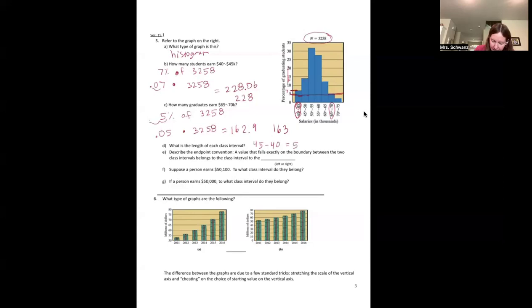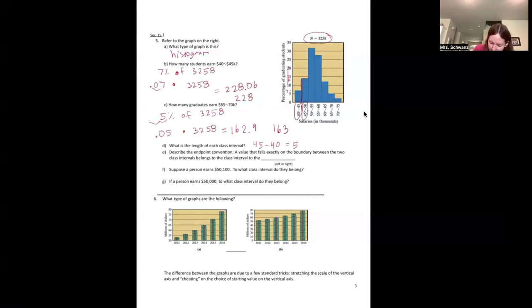Describe the endpoint convention. A value that falls exactly on the boundary between two class intervals belongs to which class? So they're talking about, what about 45,000? Somebody who makes exactly 45,000, are they going to be counted in this group or in that group?